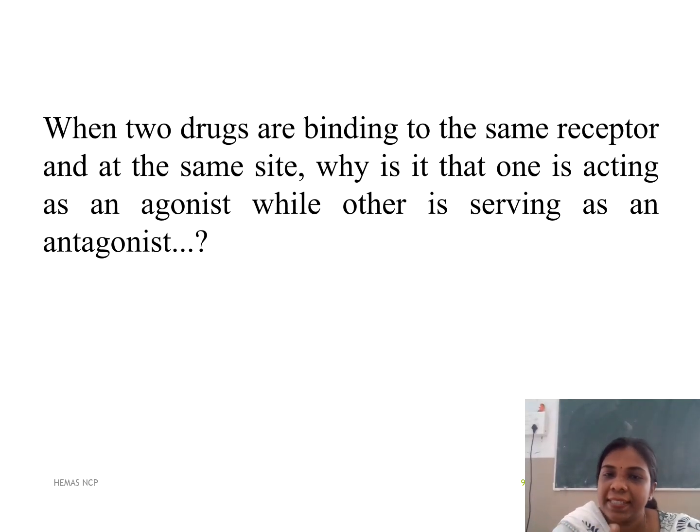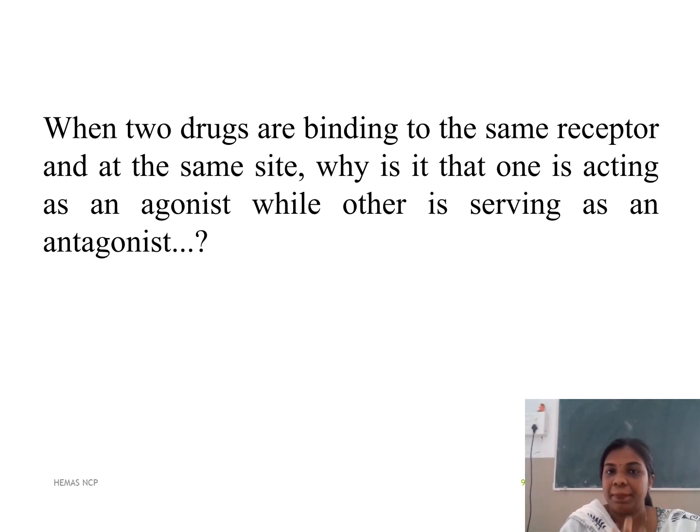When two drugs bind to the same receptor at the same site, why is it that one acts as an agonist while the other serves as an antagonist? So this is a classic pharmacological question.